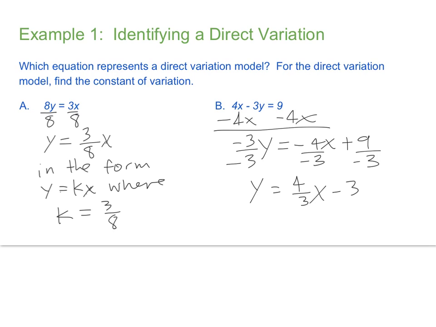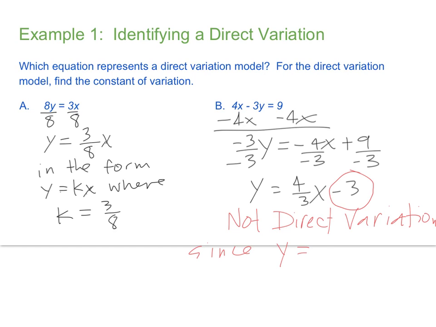However, it should be noted that the negative 3 means it's not direct variation, since it is in the form y equals mx plus b.